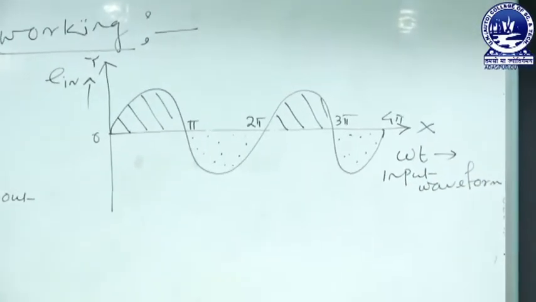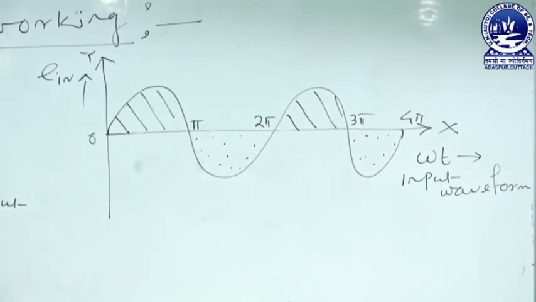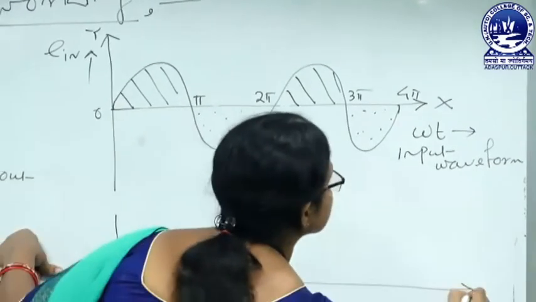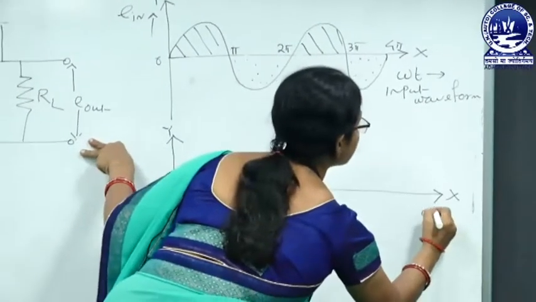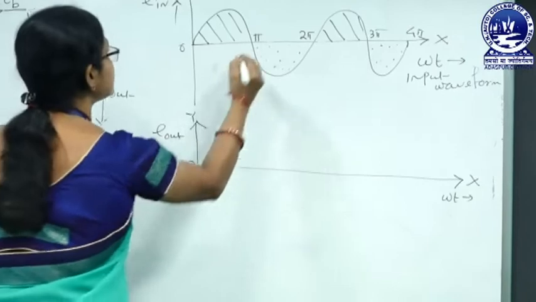After the operation is completed, we find the output waveform. First we draw the output waveform, omega t versus output voltage.